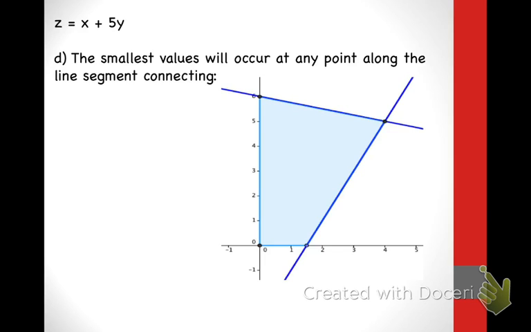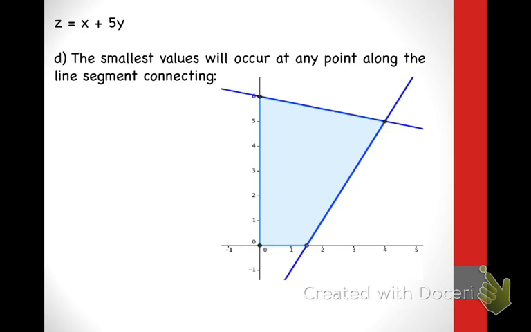If I want to look at not just the single smallest value, but all of the ones that are always going to be at the bottom, those are the ones that connect the minimum value to the second smallest. So the ones that we got from the minimum value and then the second smallest, those 2 vertices, that line segment, that's going to be the one that gives me my smallest values.